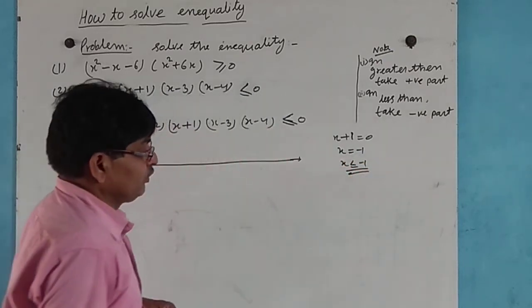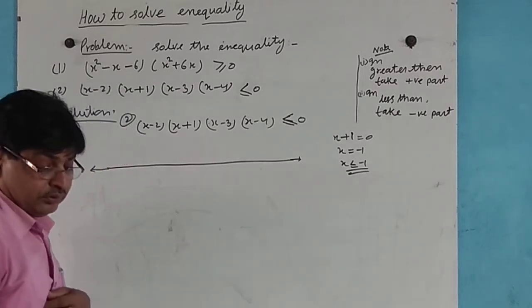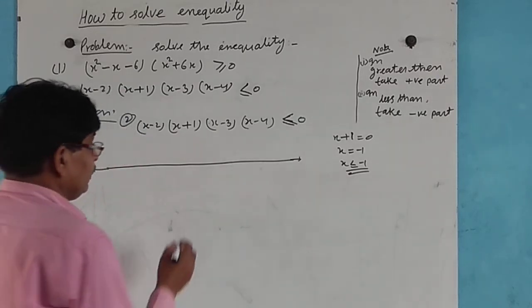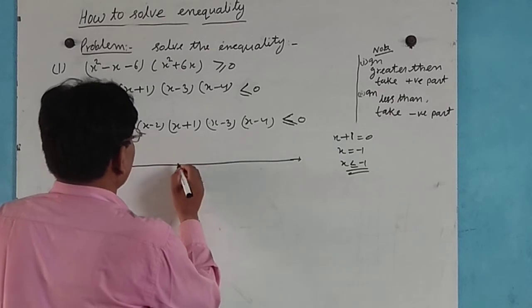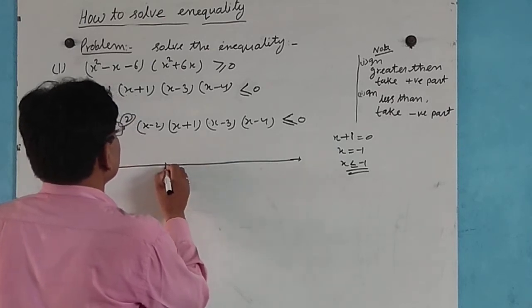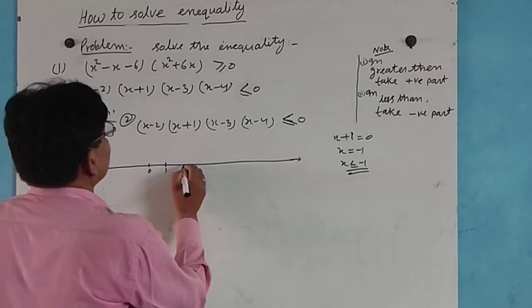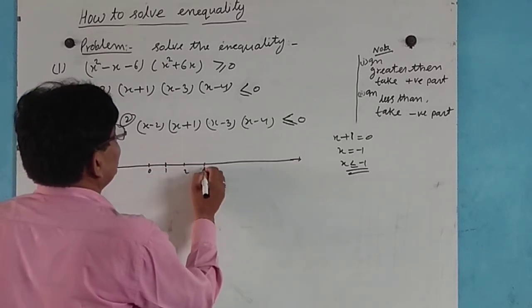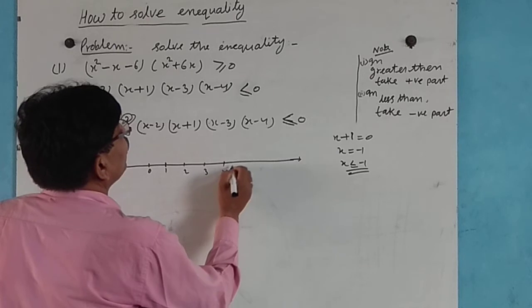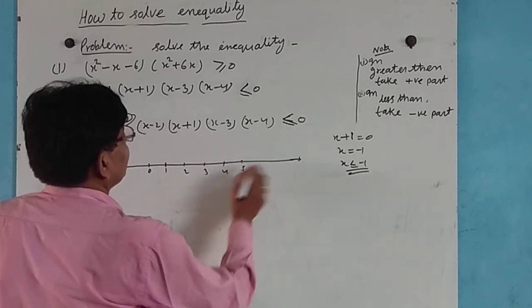Such type of this we indicate the point, we indicate the point 1 here, here also 0, 1, 2, 3, 4, 5 and so on.